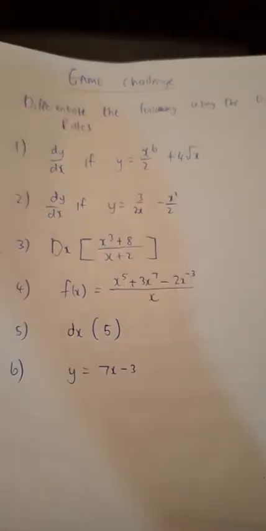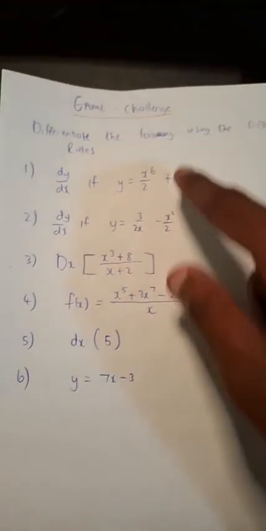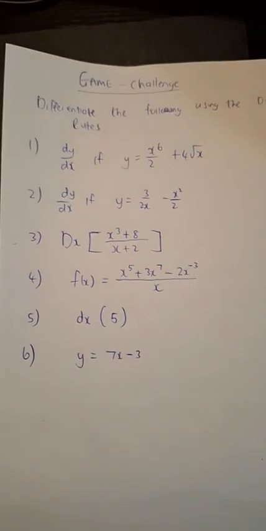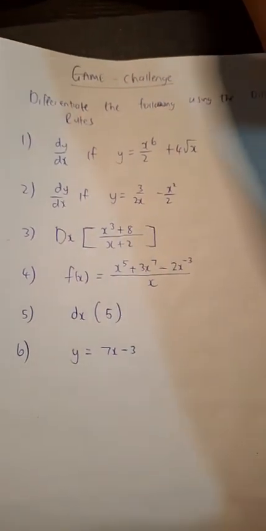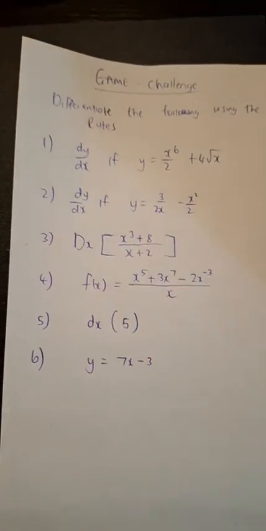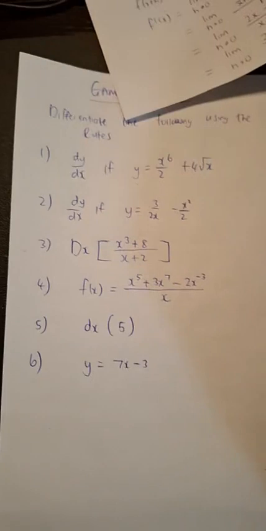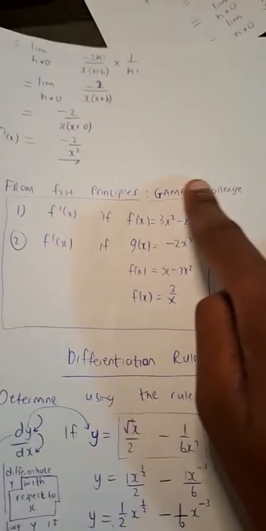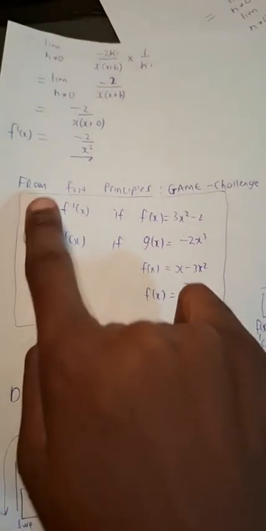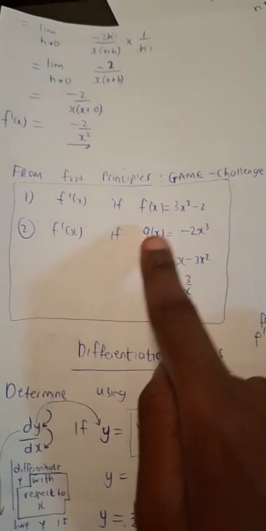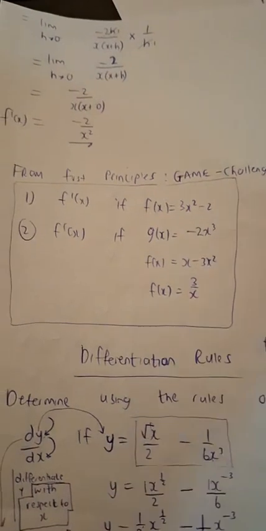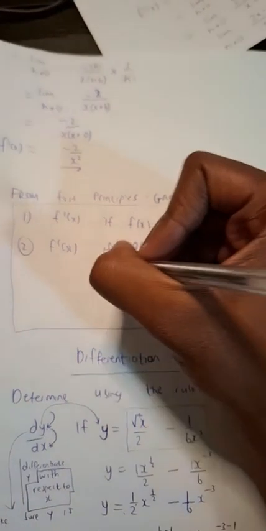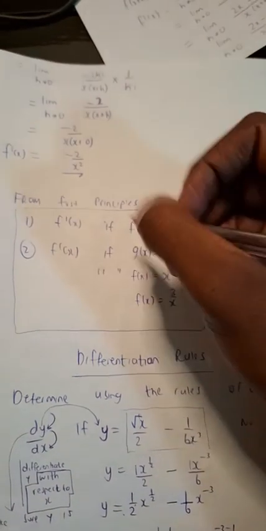These are the game challenge problems that I left them, that you see on your screen. That is for applying the differentiation rules, and then I had given them a game challenge earlier on for first principles. That was the first principles game challenge, number 1, and these ones.